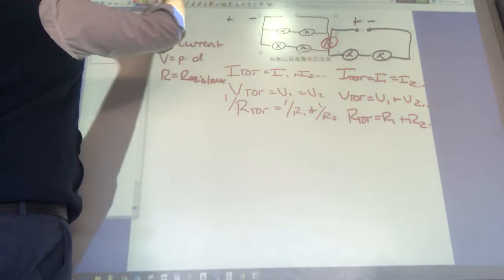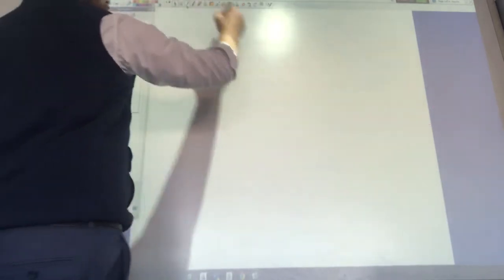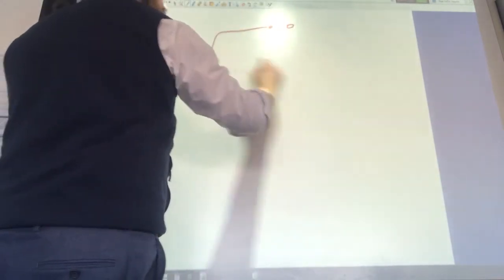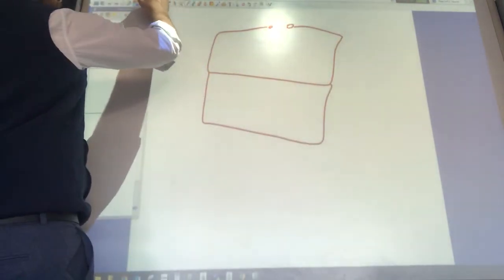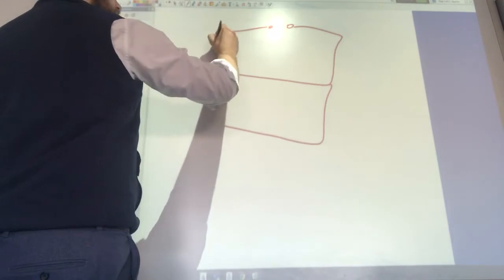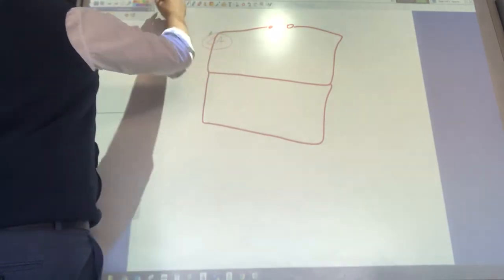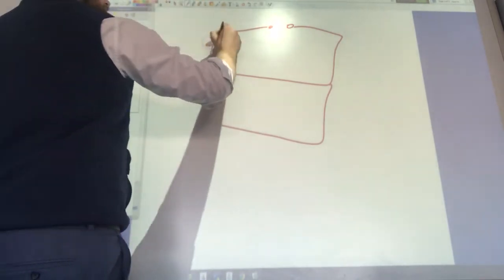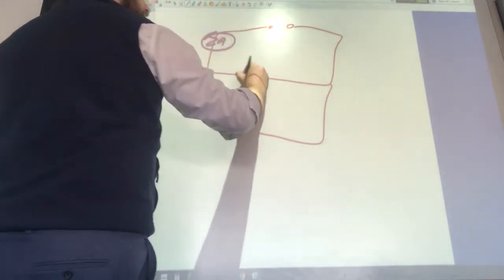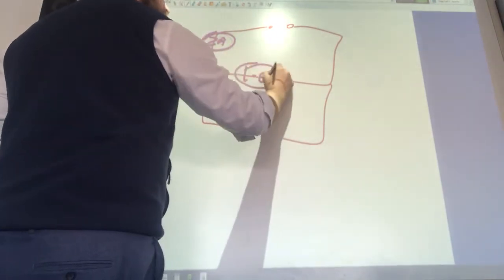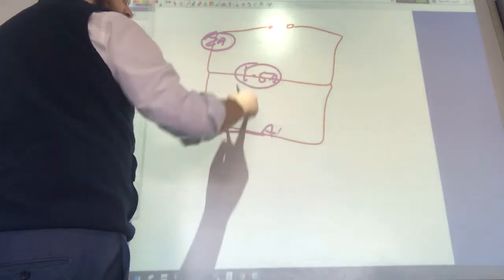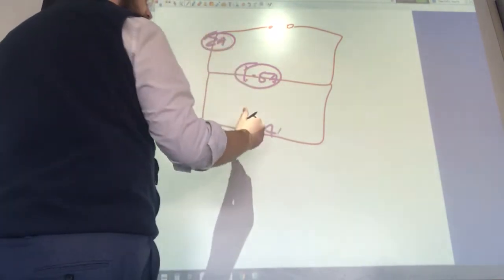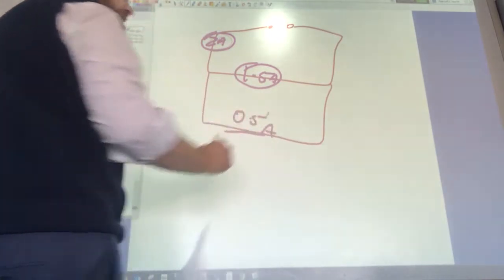If I was to draw that bigger, here's my parallel circuit, and if I had a current of, let's say, 2 amps up here, and I had a current of 1.5 amps in this branch, how many amps would I have in this branch? I'd have this plus this to equal that, so I'd have to fill in the missing number, so 0.5 amps.